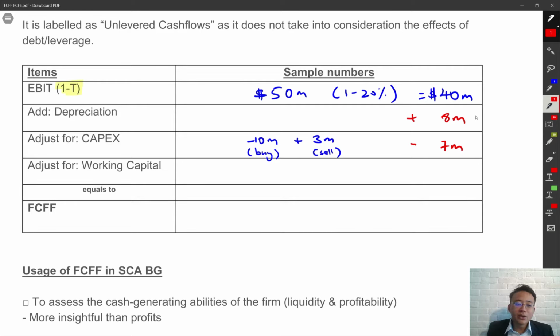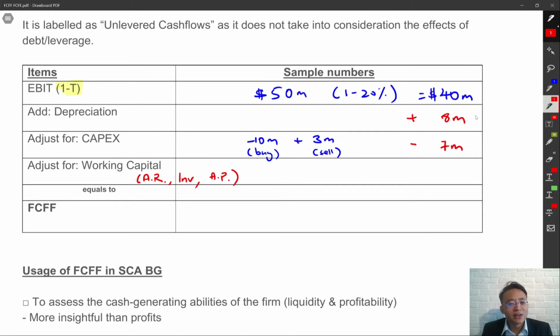And finally, we adjust for working capital. Working capital represents how much money we have to set aside to take care of accounts receivable, inventory, and accounts payable. We need to set aside money to work our working capital. Right?